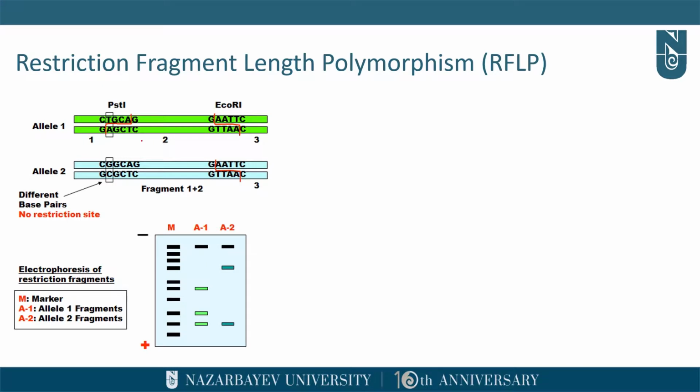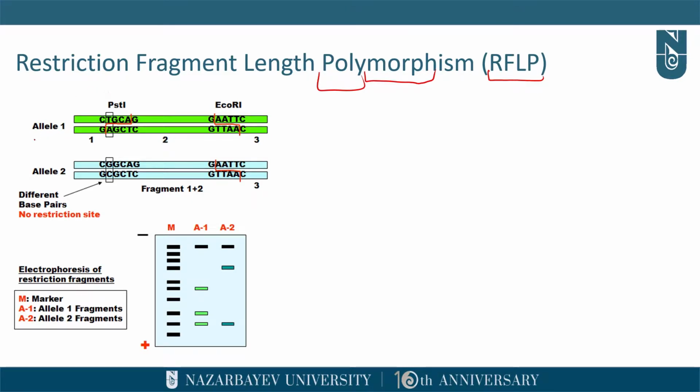Okay, now let's talk about restriction fragment length polymorphism, or shortly RFLP. So what is polymorphism? Morphos means shape, poly means different or a lot of. So in this case we're talking about a lot of fragments.